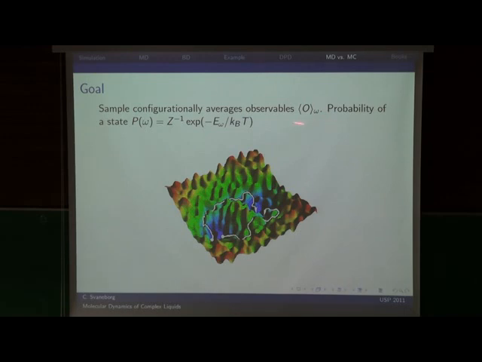And from statistical mechanics, we know that a certain configuration appears with a probability given by the partition function to the minus first, times the exponential of the energy of that state divided by kBT. And basically, Monte Carlo simulations and molecular dynamics simulations are 2 different ways of generating such averages.